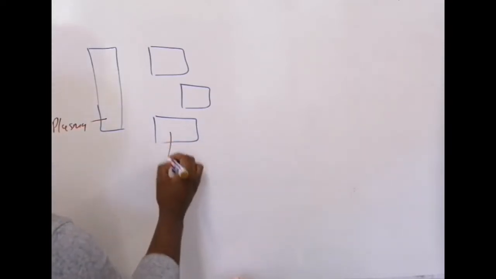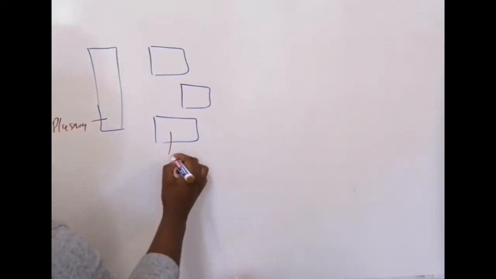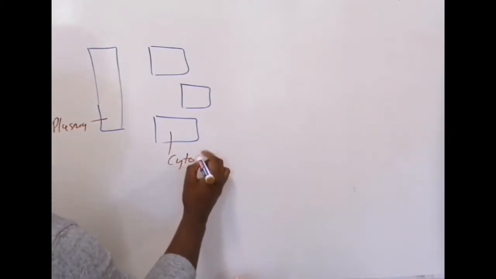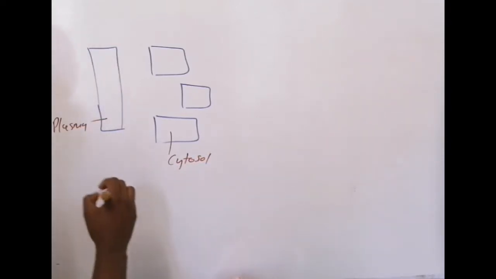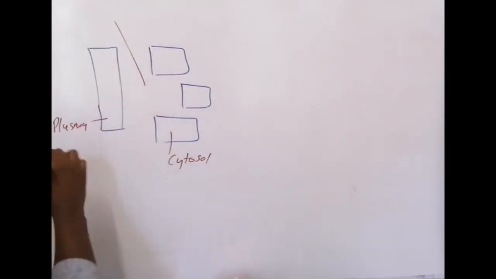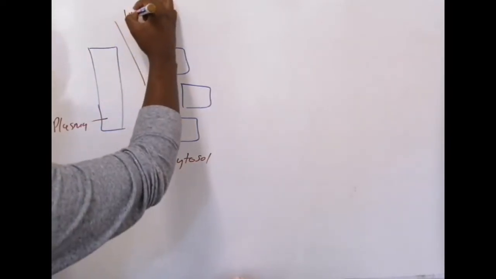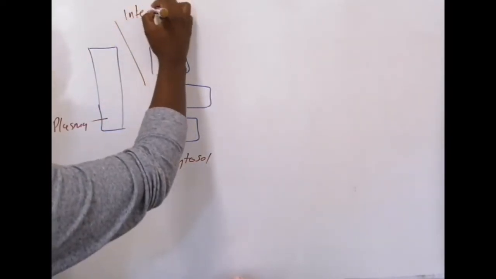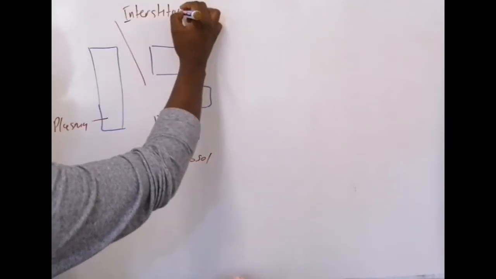This is the intracellular, and the fluid found inside there is cytosol. We also know that in between the cells there is a compartment, which is the interstitial, and it contains interstitial fluid, right?